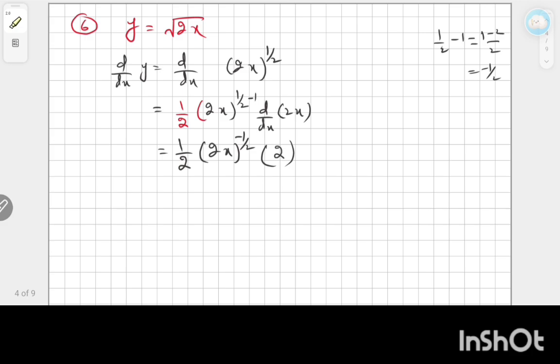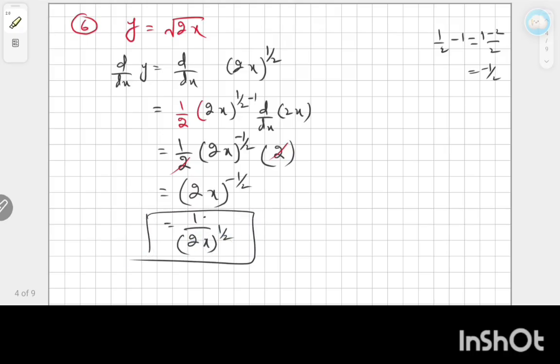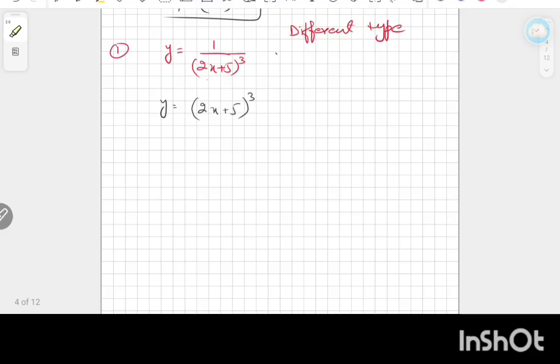Very simple. 2 and 2 cancel with each other. We got the answer (2x) to the power minus 1 by 2. If we simplify more, the power will be positive. Hopefully you understand this different type of differentiation question, how we take its derivative with respect to x.